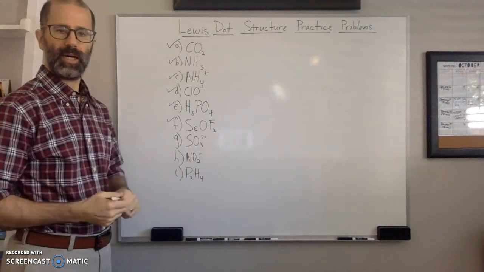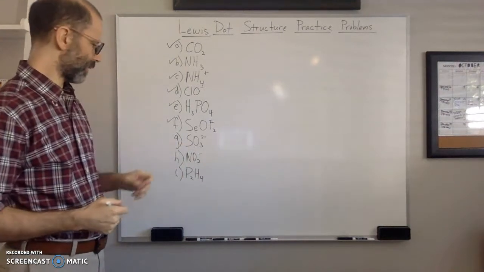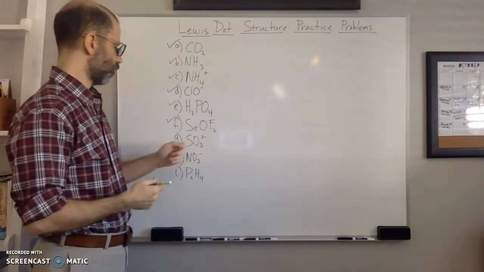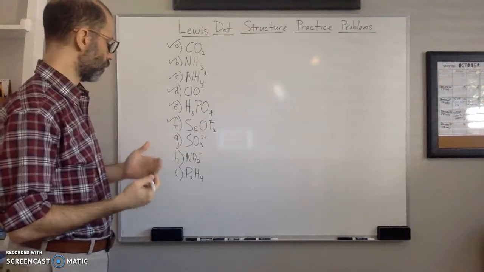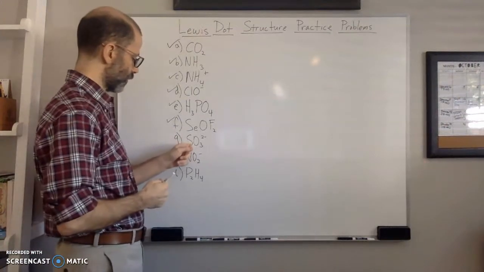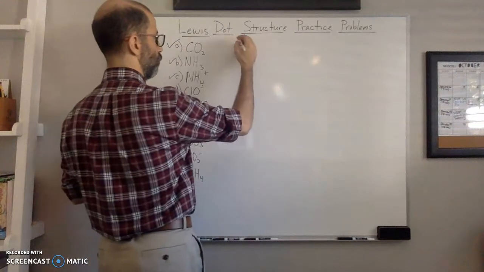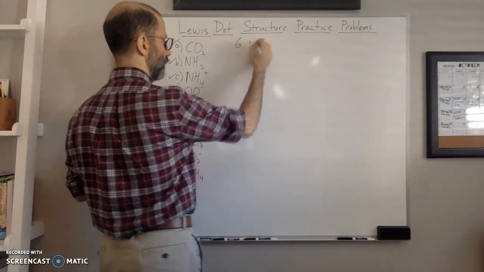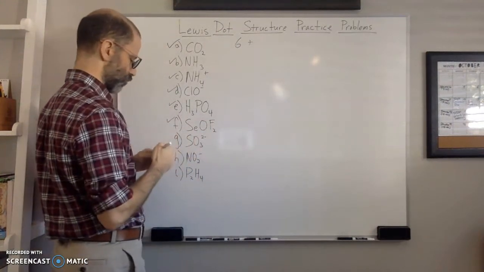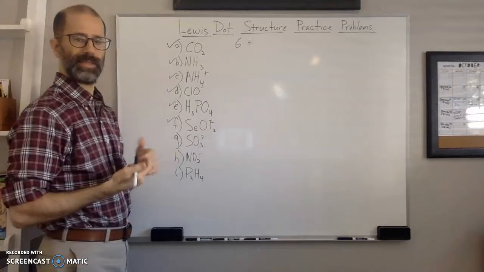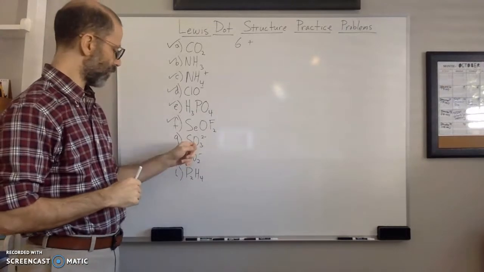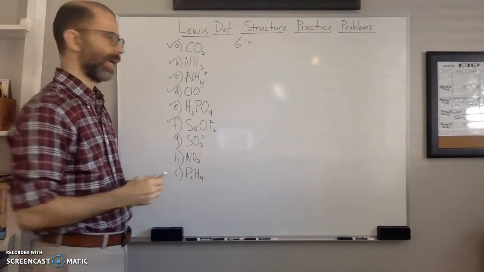This is an ion. It's a polyatomic ion, sulfite. So we'll have to find the total number of valence electrons. Sulfur is in group 6 along with oxygen. So sulfur has 6 valence electrons. Oxygen is in group 6. It also has 6 valence electrons. I have 3 of them. 3 times 6 is 18.